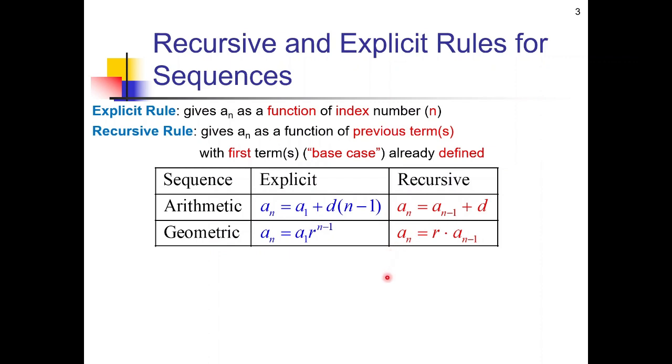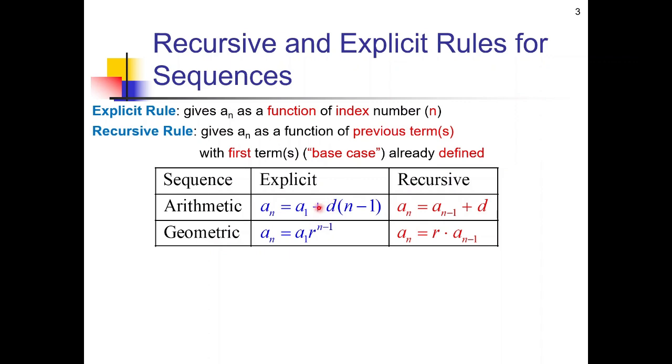So you might wonder, what are the pros and cons of each of these? The recursive sequence is kind of neat if all you want is the next term and you just want to keep generating next terms. These tend to be a little bit simpler and more elegant than the explicit version. At the same time, the explicit version can get you where you want to go a lot faster, at least if you're a human being.